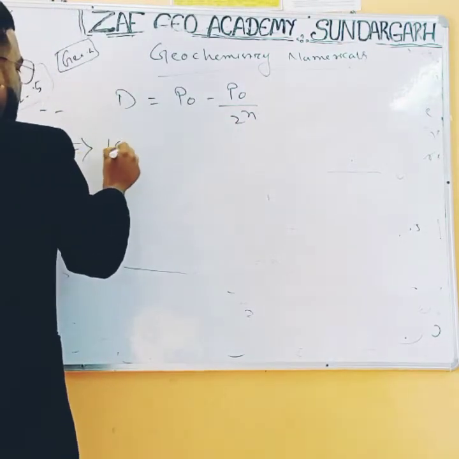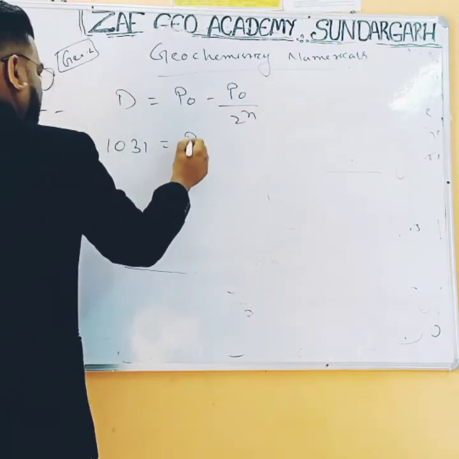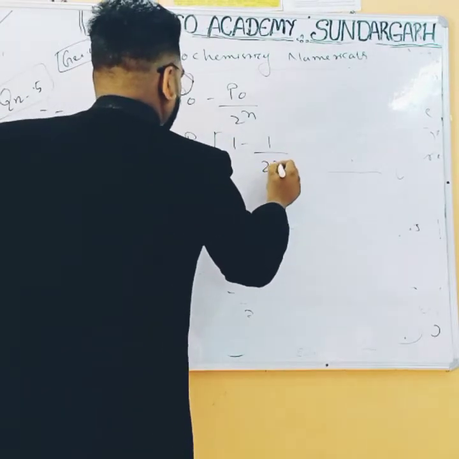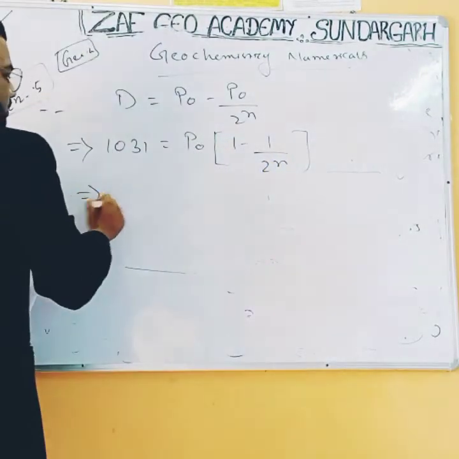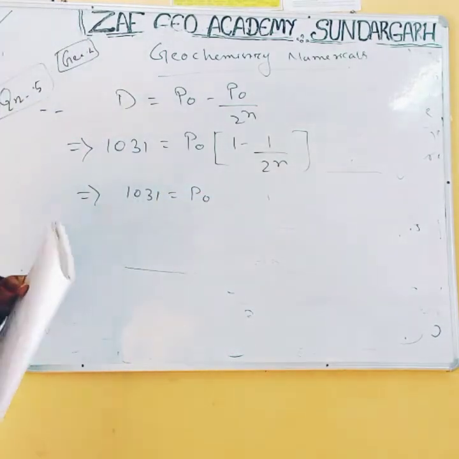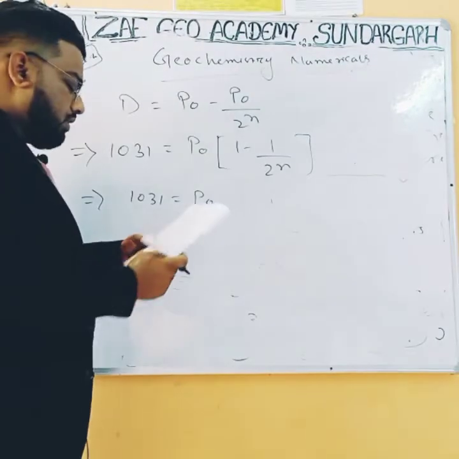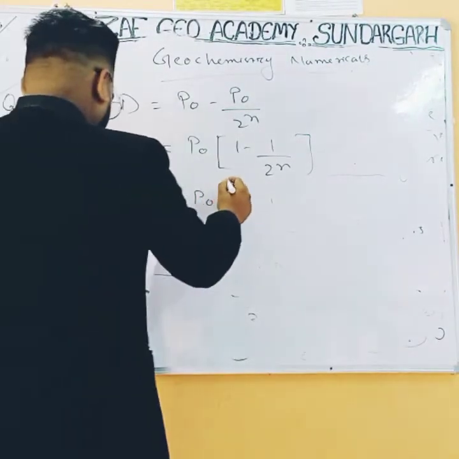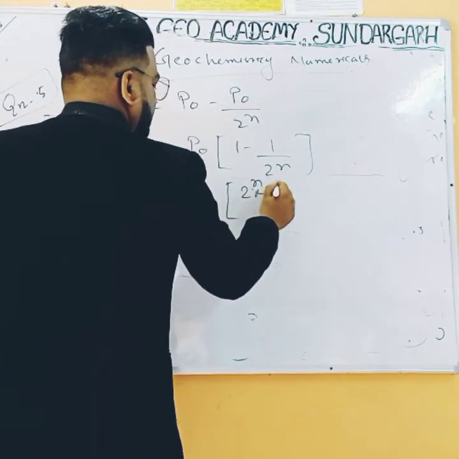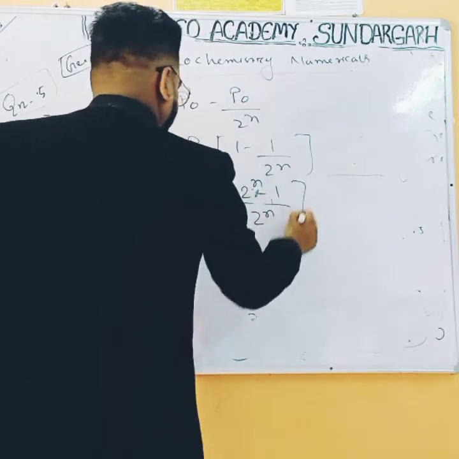Here the concentration of daughter nuclei is 1031, and P naught we have to calculate. Taking P naught common, 1 minus 1 by 2 to the power n, so 1031 is equal to P naught times 2 to the power n minus 1, whole divided by 2 to the power n.